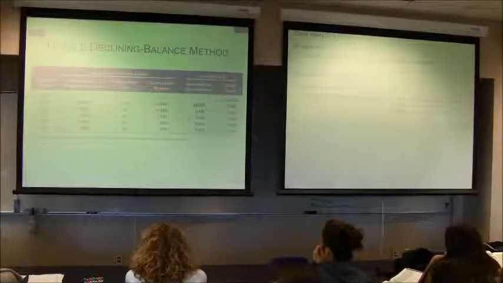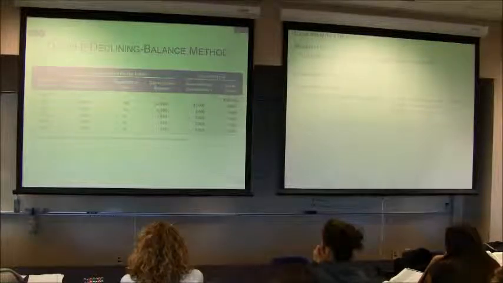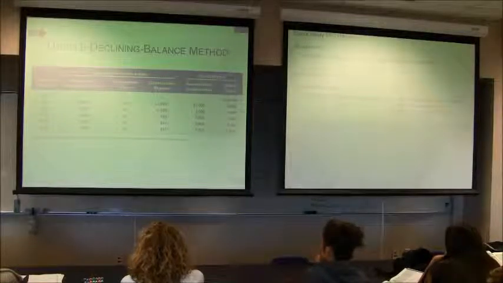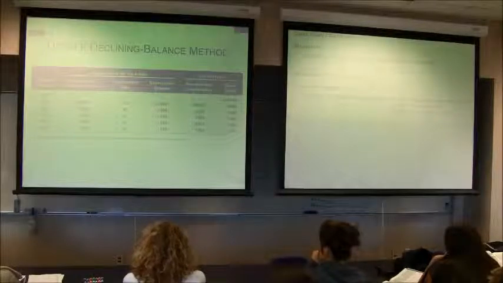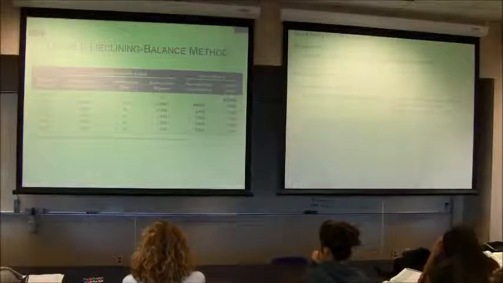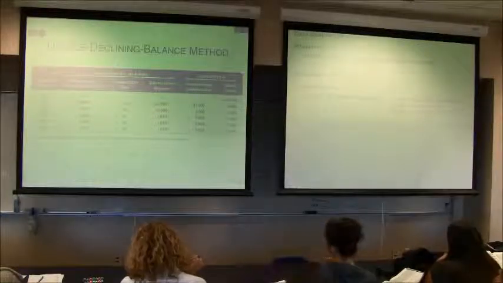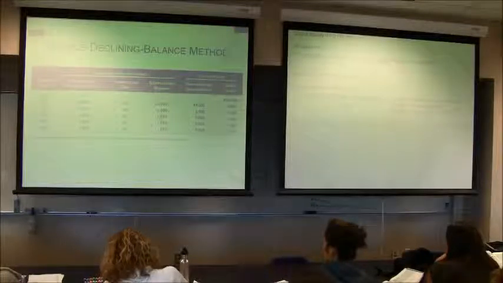Multiply that times 40%, 2,400 is the expense for that year. Now 2,400 plus 4,000, the accumulated depreciation is up to 6,400. Subtract that from 10,000, now the book value is down to 3,600. That becomes the book value for the beginning of the following year. The ending becomes the beginning, multiply it times 40%, and so forth.